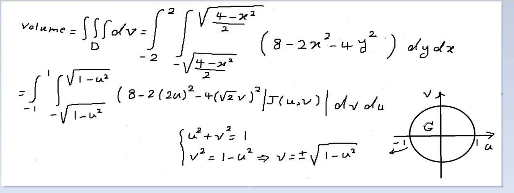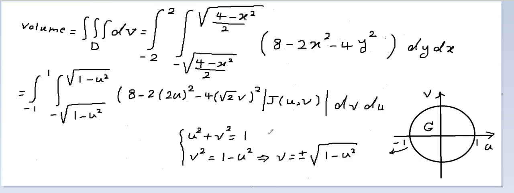Let's call this region G. The integral will be over this circular region, which is the unit circle u squared plus v squared equals 1. So v squared equals 1 minus u squared, so v equals plus minus the root of 1 minus u squared. Plus is for the upper semicircle, minus is for the lower semicircle. So this is the description of region G. Here v is from the lower semicircle to the upper semicircle, u is from minus 1 to 1.